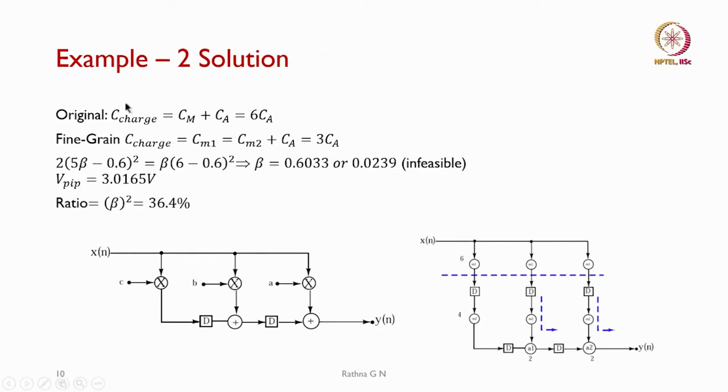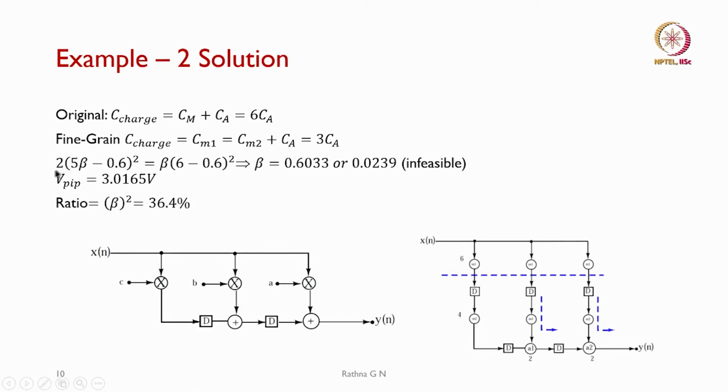In the original, C charge is Cm plus Ca. Since Cm is 5 times Ca, this is 6 times Ca. In the fine grain, C charge is equal to Cm1, which is equal to Cm2, plus Ca, because we have one pipeline stage there, which is equal to 3 times Ca.